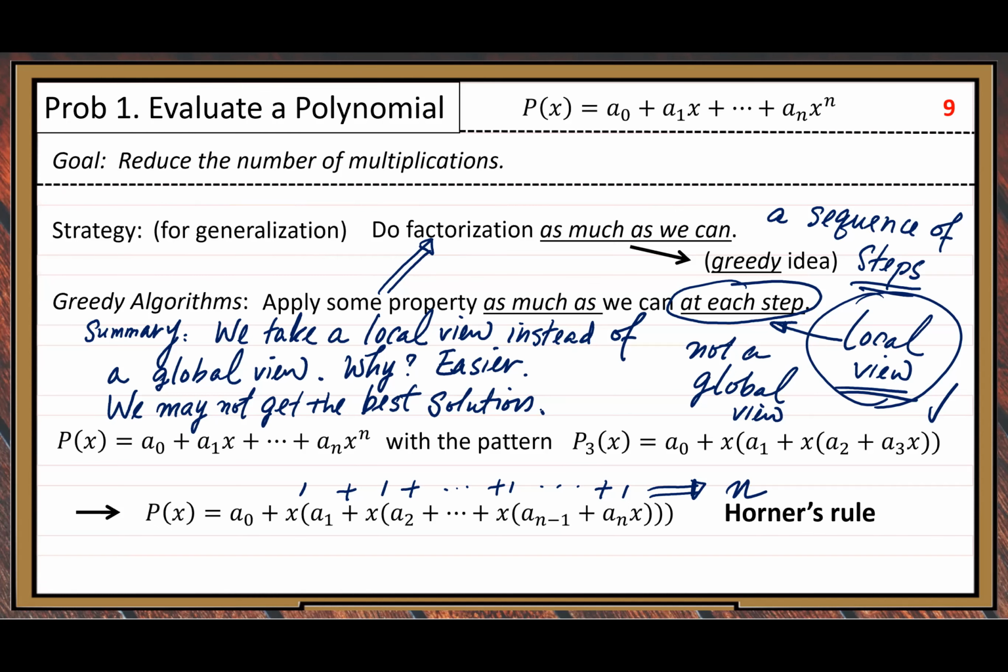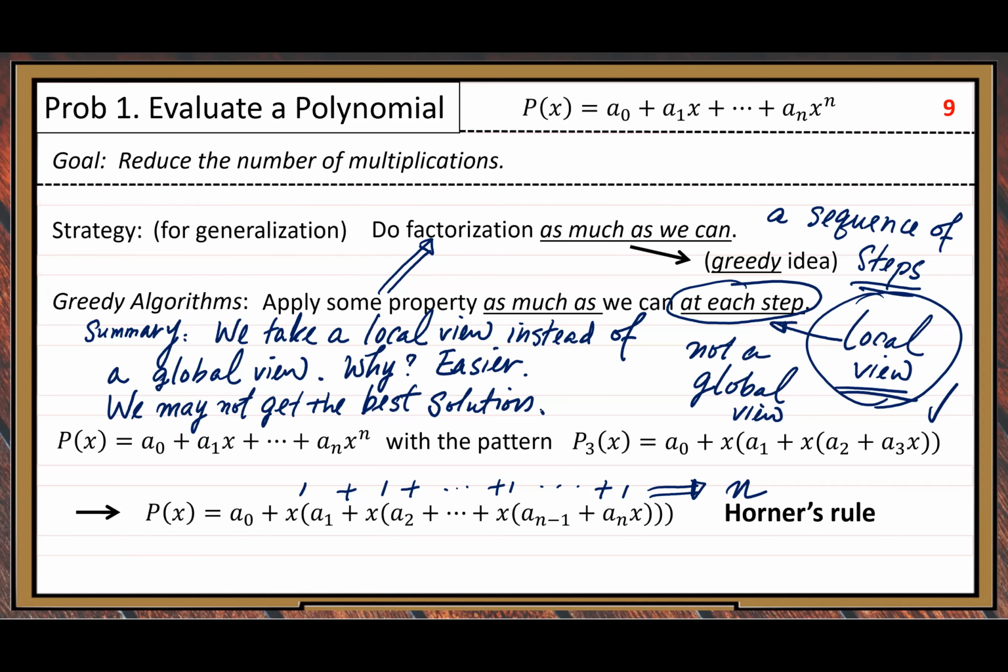But it's very normal if you do not get the best solution because of this local view. So that's the summary for the greedy algorithms. Although you can try, after you find a solution, you need to be aware that your solution may not be the best solution. Have that point in your mind.